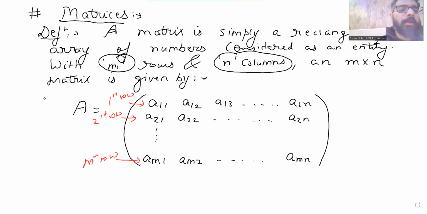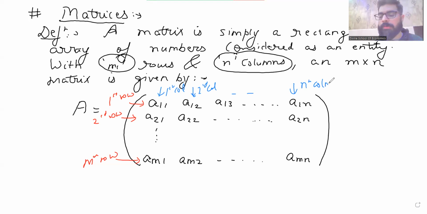Using the blue color, students can see that this is the first column, this is the second column, and I can stretch it on to saying that this is the nth column. So this is a general m cross n matrix, which all students can see on their screens. Now, how do I write it in a concise form?